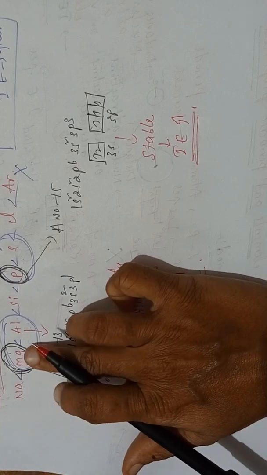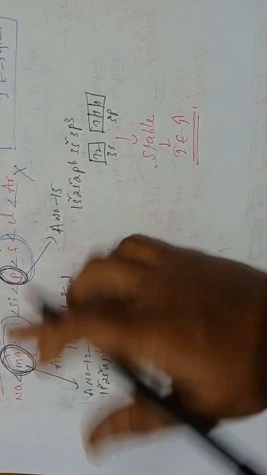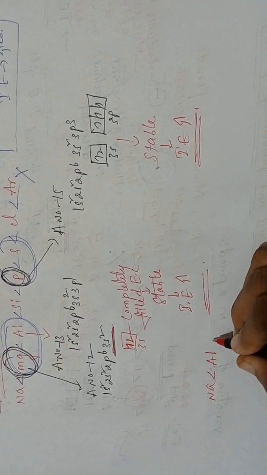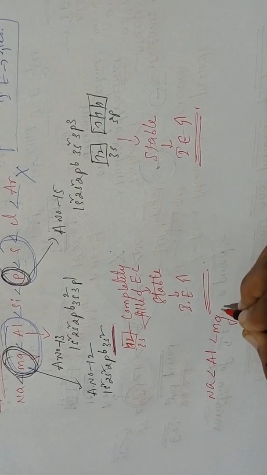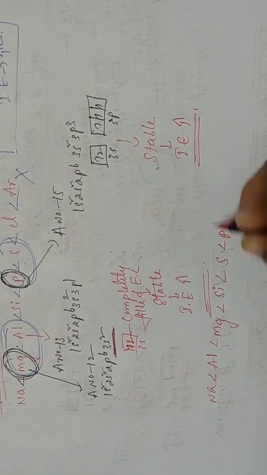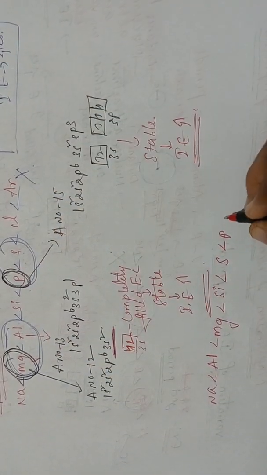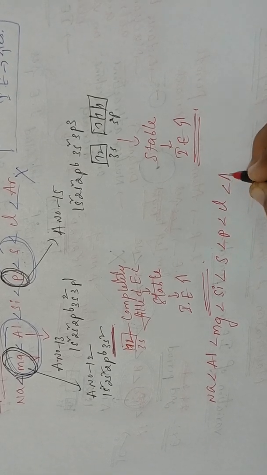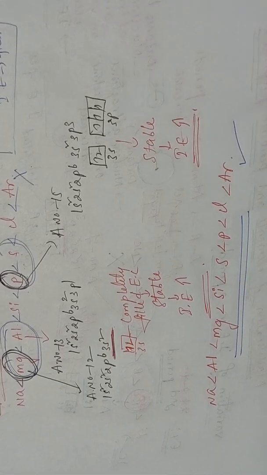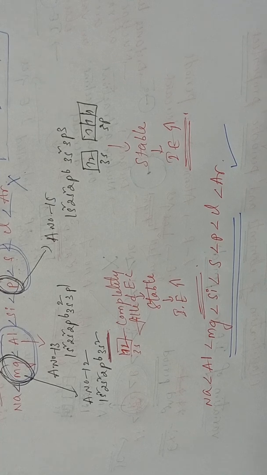Sodium less than magnesium less than aluminium less than silicon less than sulfur less than phosphorus less than chlorine less than argon. So this one is the correct order, in the case of the third period.